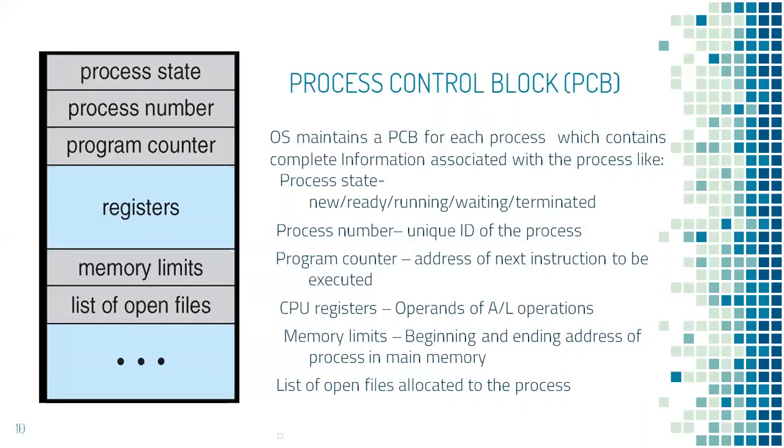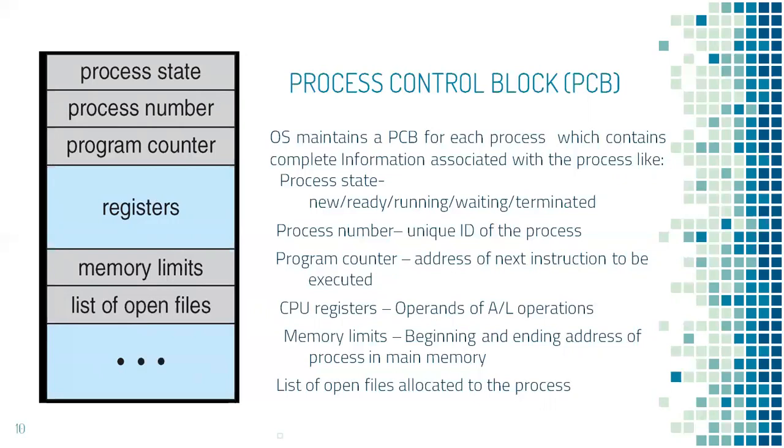Next, the registers part of the PCB contains the values of the CPU registers. These are generally the operands of arithmetic and logic operations, or to be more precise, these are the values of the variables of the programs which are used in computations. The memory limits contains the beginning and ending address of a process in main memory.